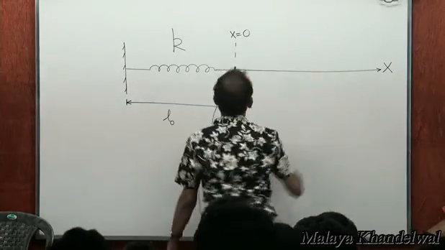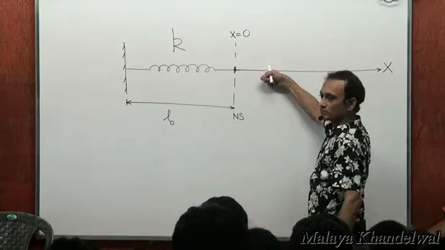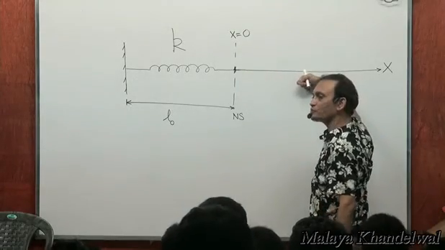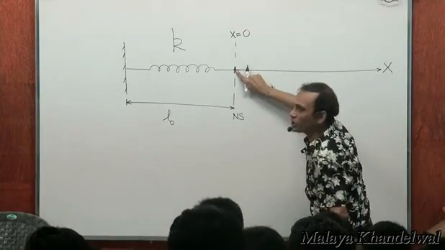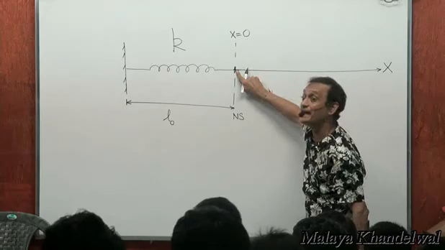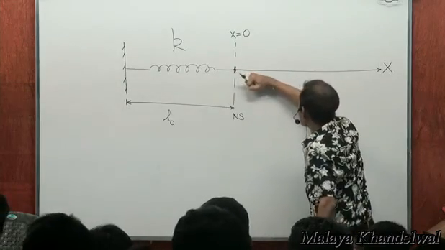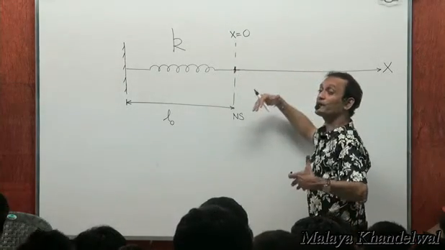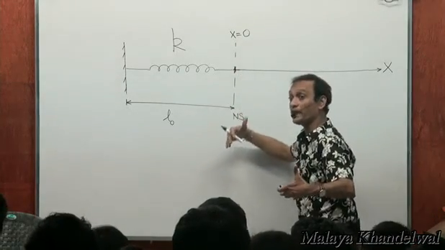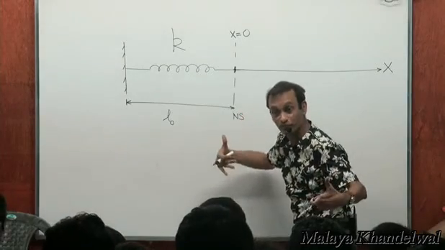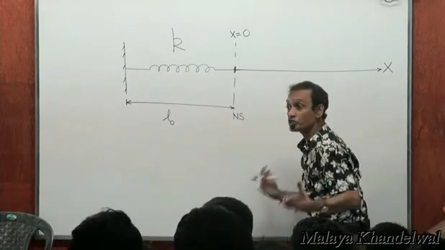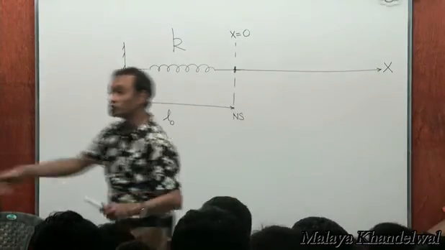Now, when I pull the spring, apply an external force and start pulling the spring, initially elongation in the spring is 0, so spring force will be 0. But as I keep pulling, the spring gets stretched more and more, and the spring force grows. So it's a non-constant spring force, right?